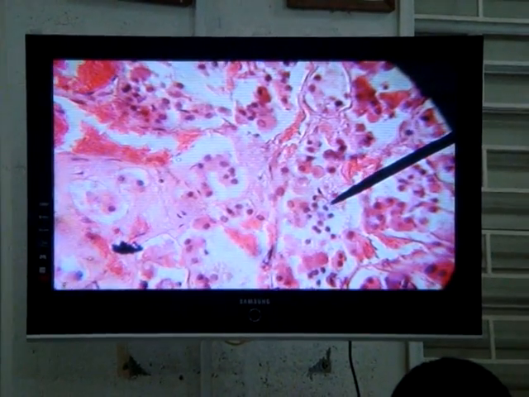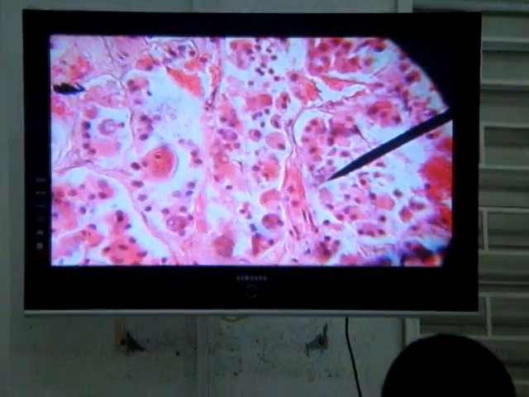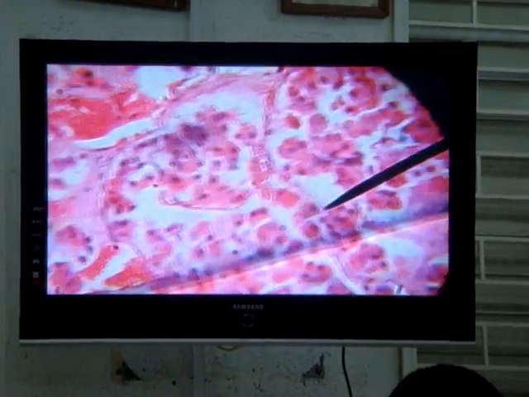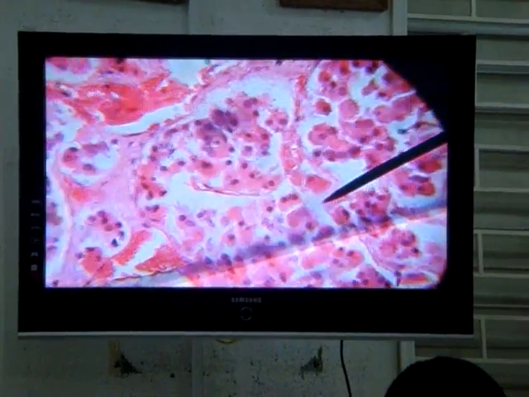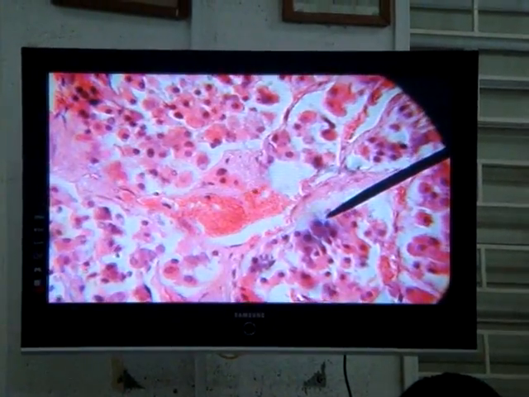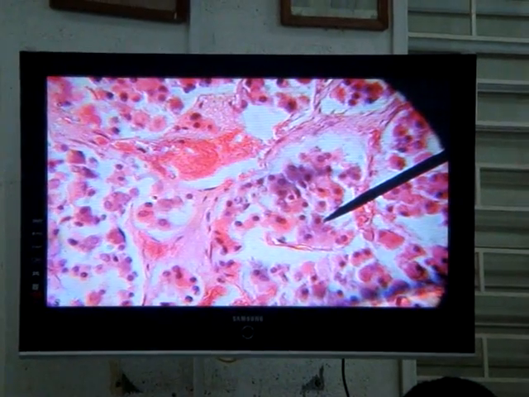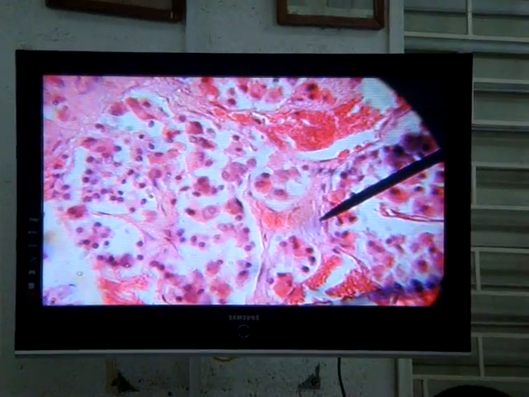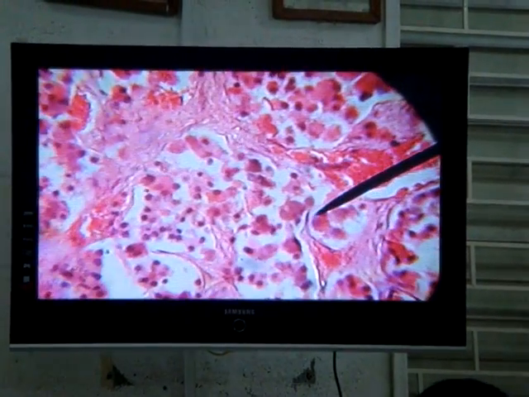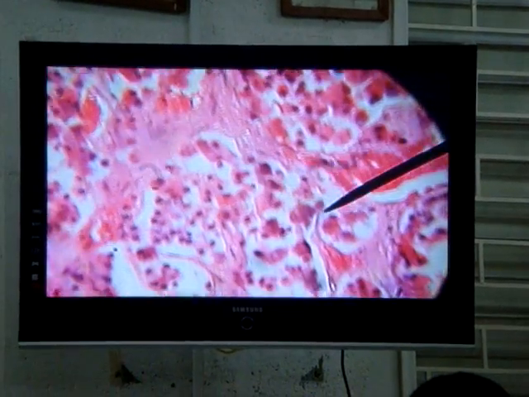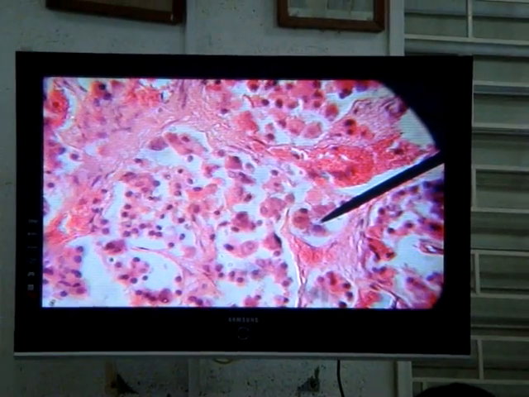Let us revisit these chromophils, because with H and E it's not very easy to differentiate between the acidophils and basophils. So these chromophils are further divided into acidophils and basophils. I want you to pay attention and see if you can identify these two cell types. We've got these two right beside each other, for example.